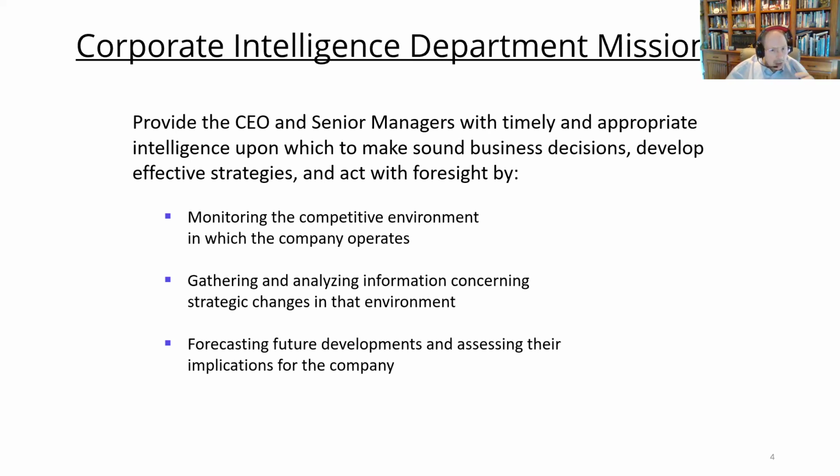And now we say how we're going to do that: monitoring the competitive environment, gathering and analyzing information, and forecasting future developments and how they apply to actions on the part of the company. This is one way of stating your mission statement. There are many other ways to do it. This one is a little bit longer than most people take, but this was the one that we chose.